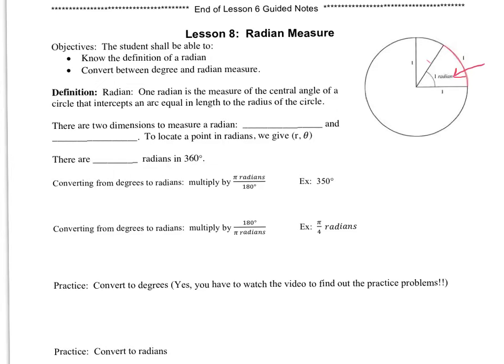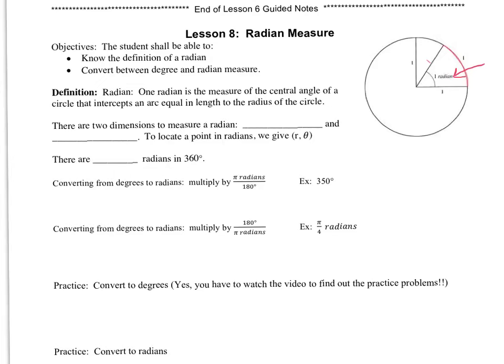Okay? So, there are 2 dimensions to measure radians in. You know how we measure on the coordinate plane with x and y. Because it's 2 dimensions, we need 2 dimensions to measure. Okay?